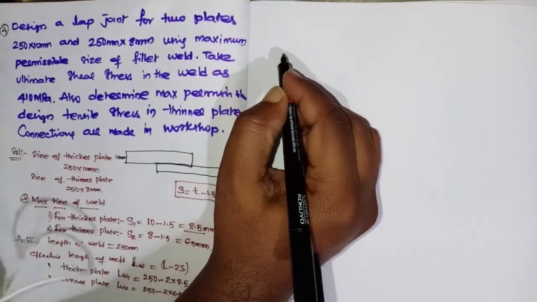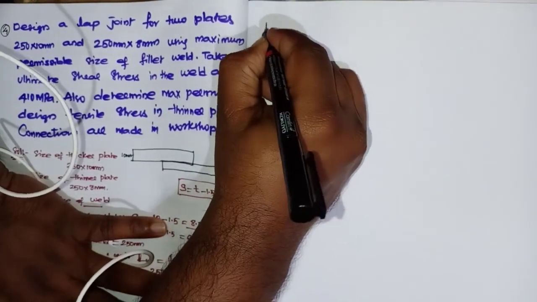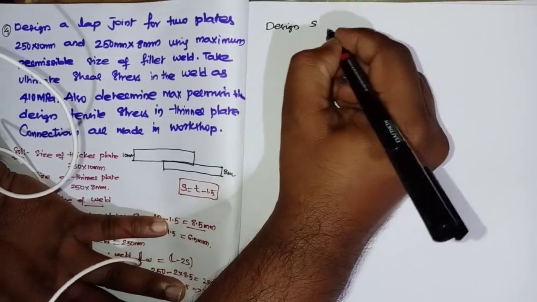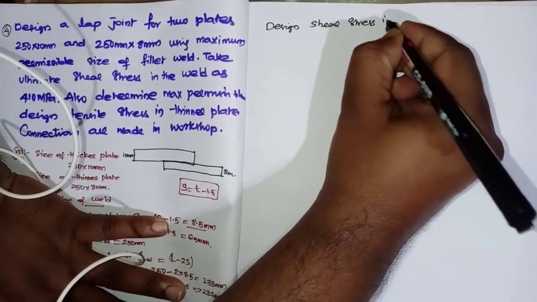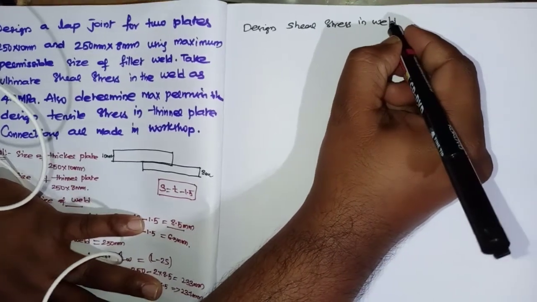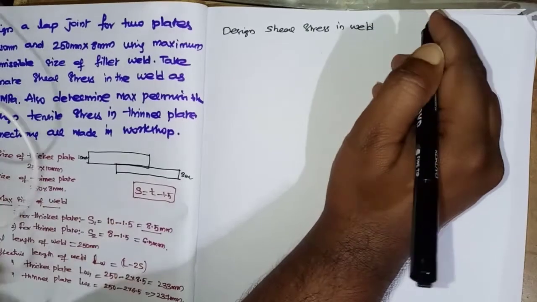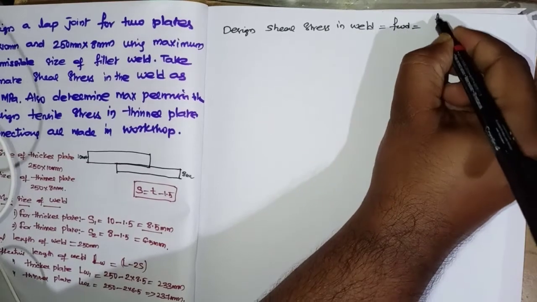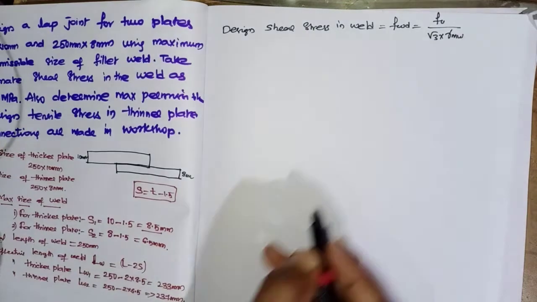Now design shear stress in weld. How is it denoted? FWD equals FU by root 3 into gamma MW.